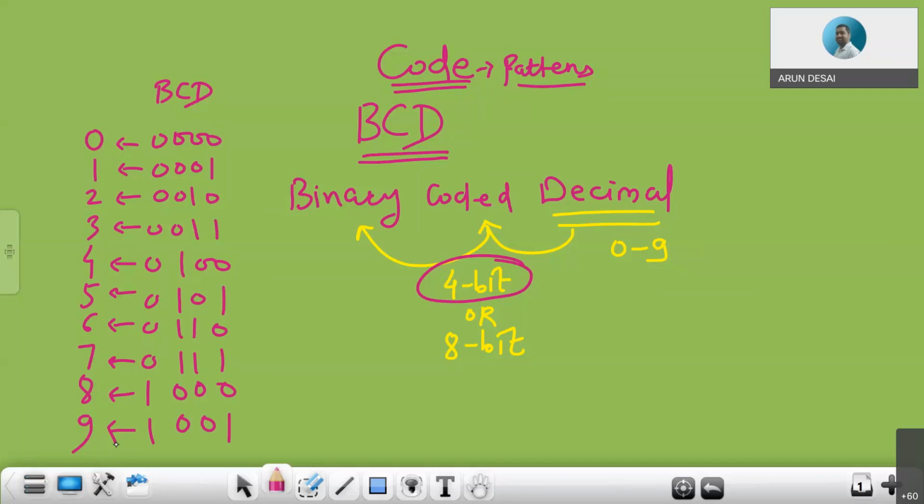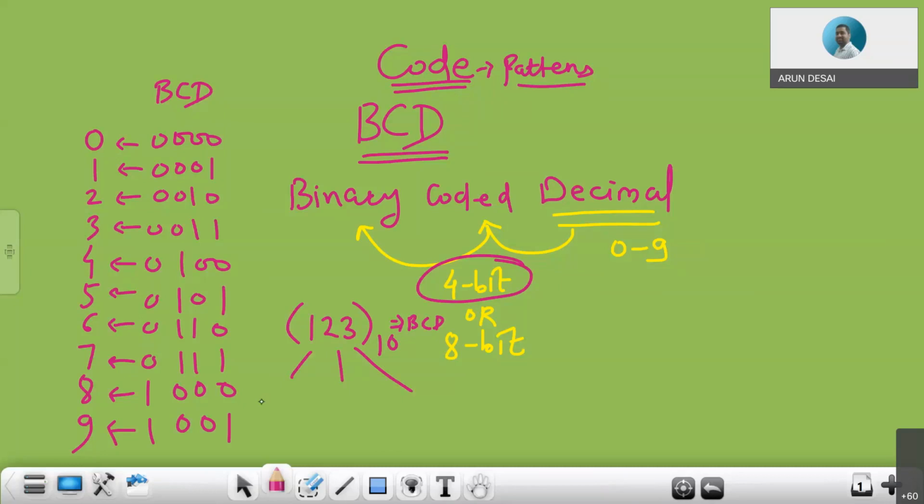How to convert a number into BCD? Suppose I have a number 123, which is a decimal number. If I want to convert it into BCD, how to convert? Just find the 4-bit equivalent binary for the digits present in the decimal number.